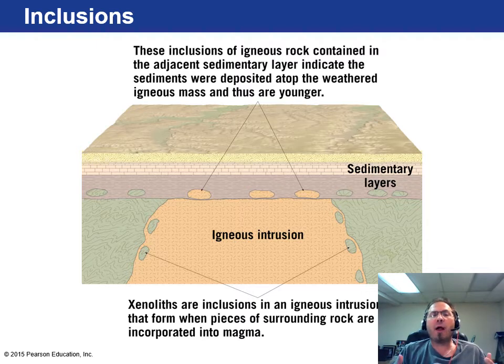Inclusions of igneous rock contained in the adjacent sedimentary rock indicate that the sediments were deposited on top of a weathered igneous mass and thus are younger. So let's take a look at that. You have the sedimentary layer, this brownish looking layer, and then you have this igneous rock that's sitting in there like that.